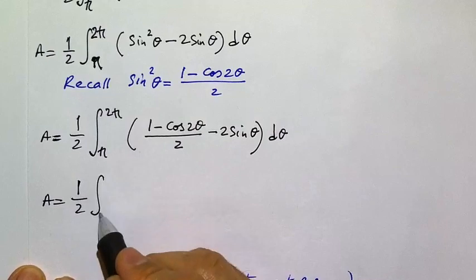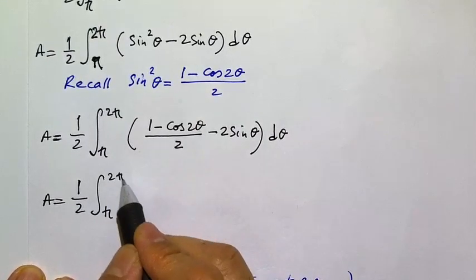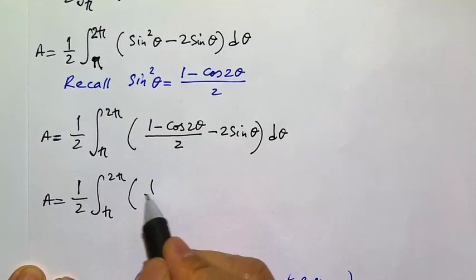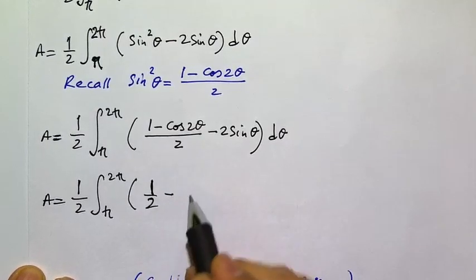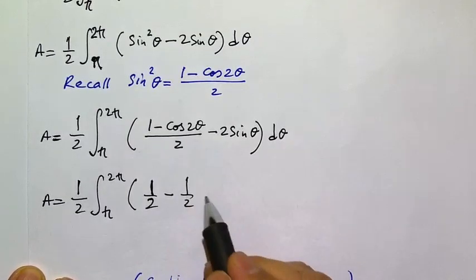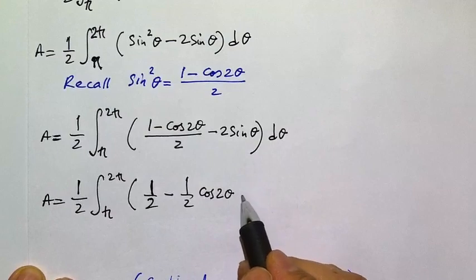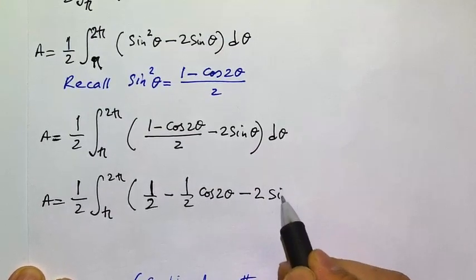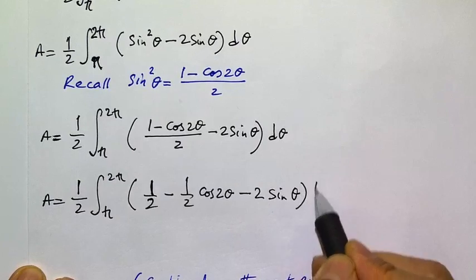One half, and then let's simplify this inside. So it's just 1/2 minus, again, 1/2 times cosine 2 theta plus, minus 2 times sine theta d theta.